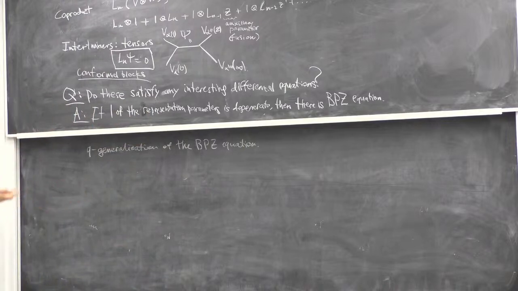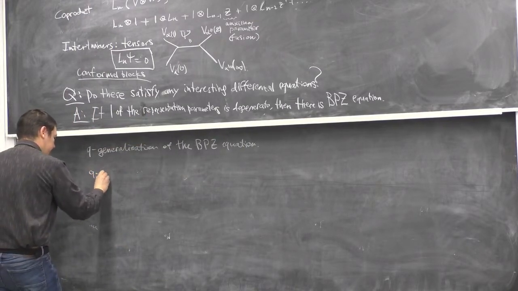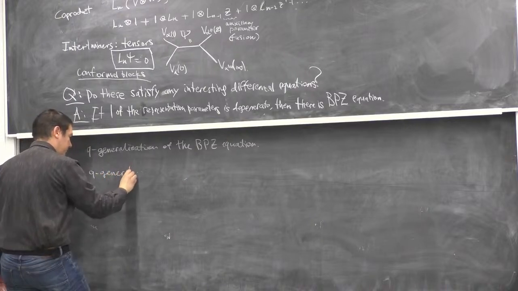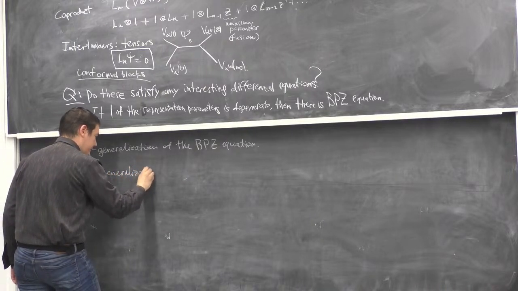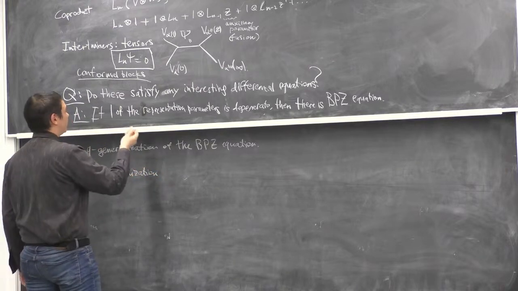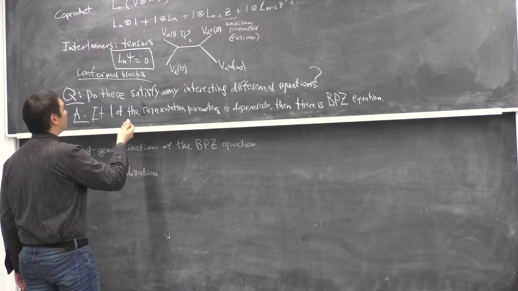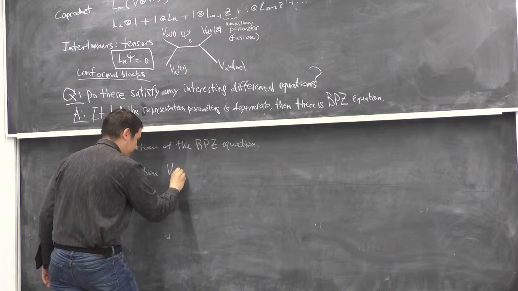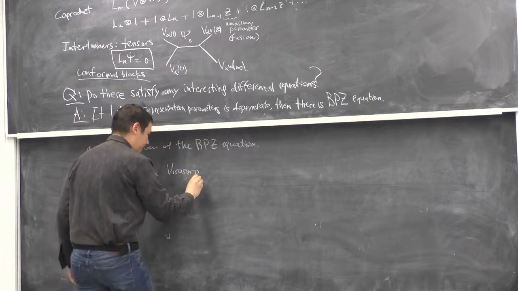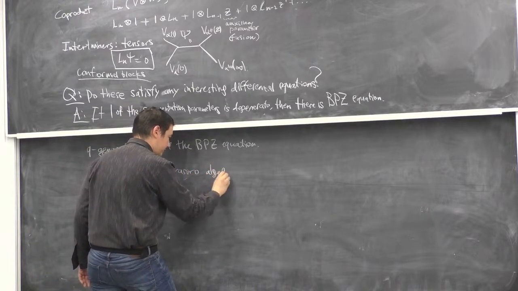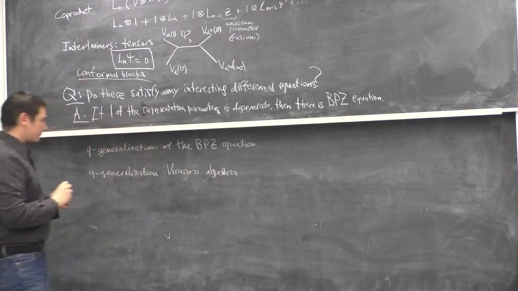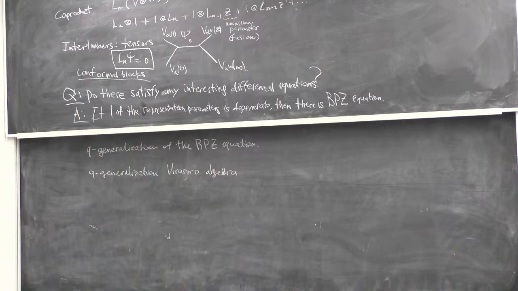Looks like a basic question, since there is a Q generalization of the Virasoro algebra, and probably there has to be some generalization of BPZ.